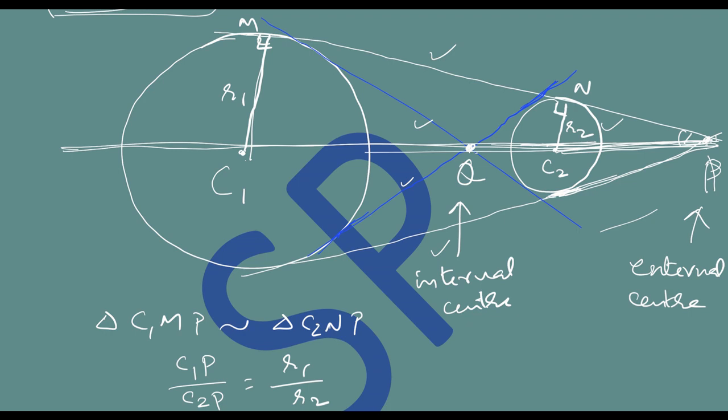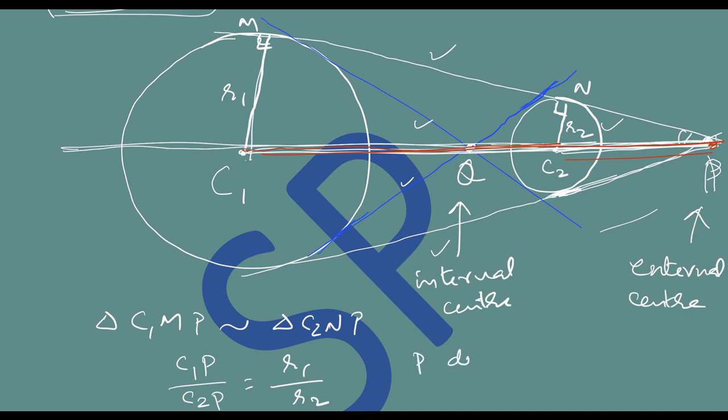So what do I get? C1P is to C2P, that ratio I got as R1 is to R2. That means P is dividing the line segment joining C1, C2 in the ratio R1 is to R2.